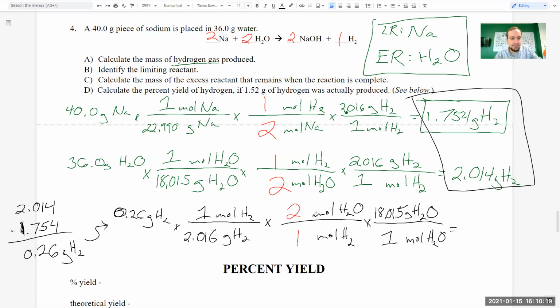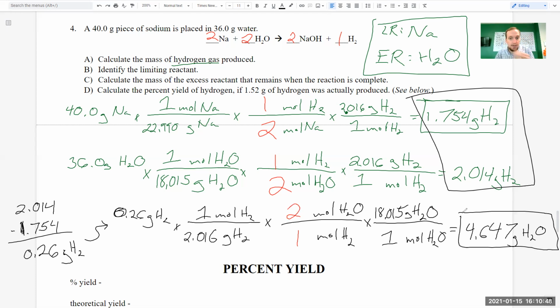All right, and then I'm going to pick up my calculator and solve. 0.26 times 1 times 2 times 18.015 divided by 2.016 divided by 1 equals 4.647 grams of our excess reagent, which is water.